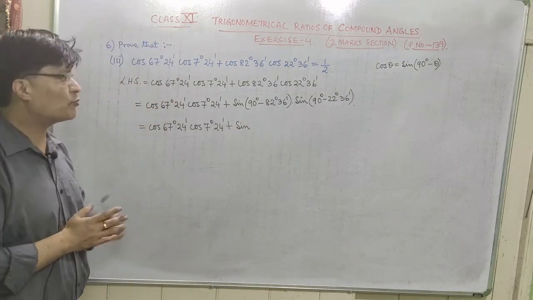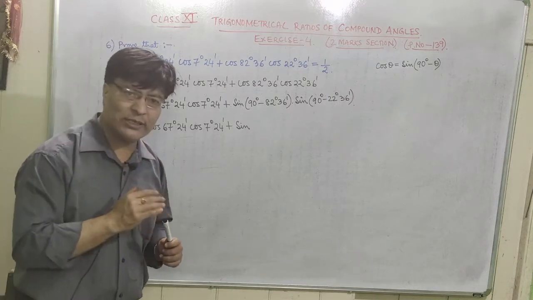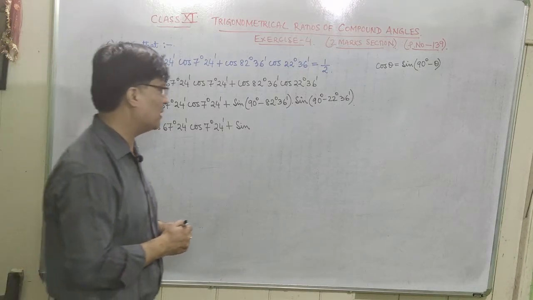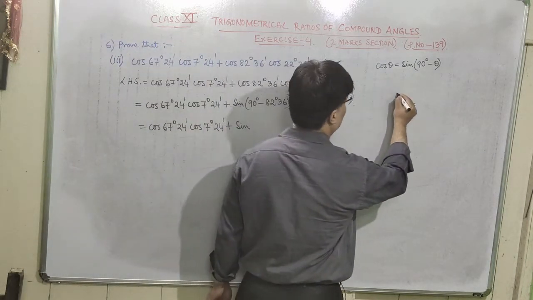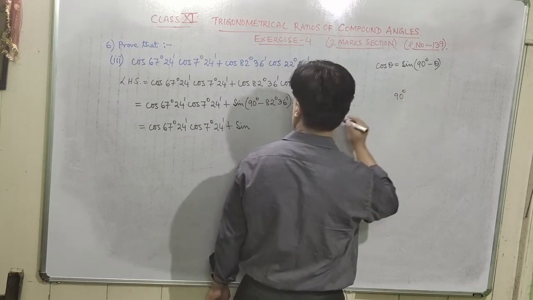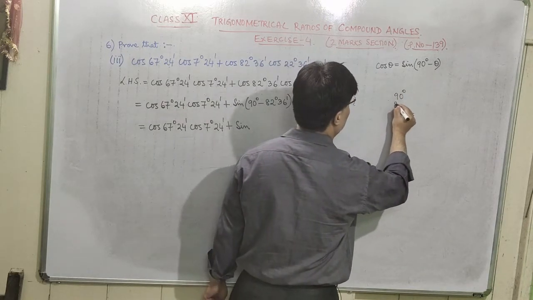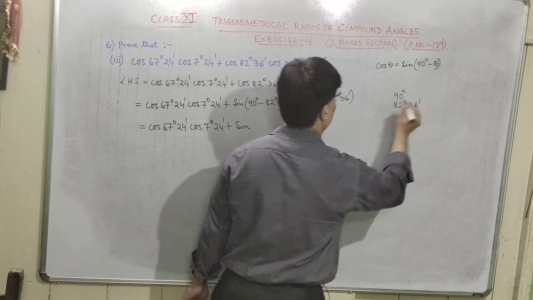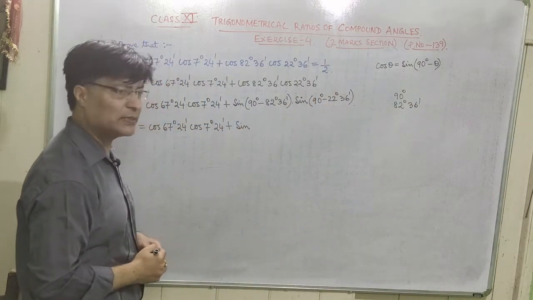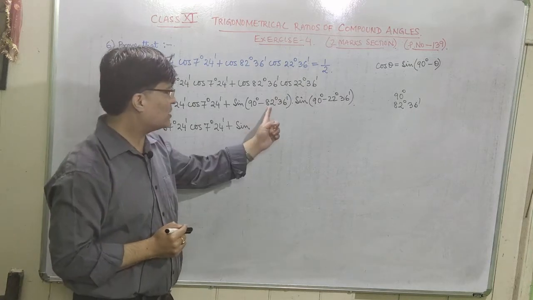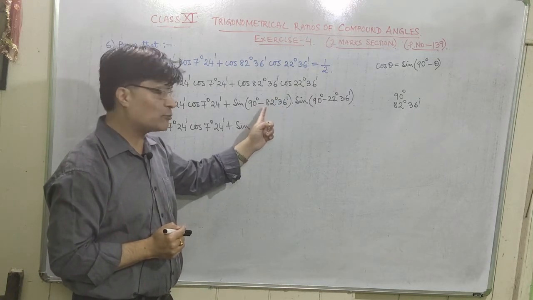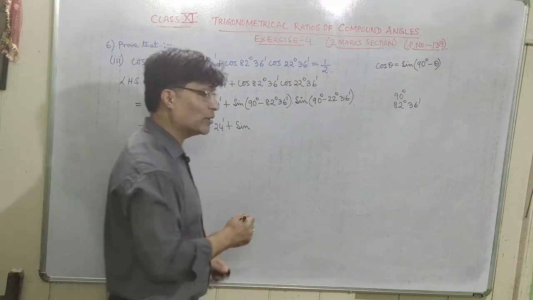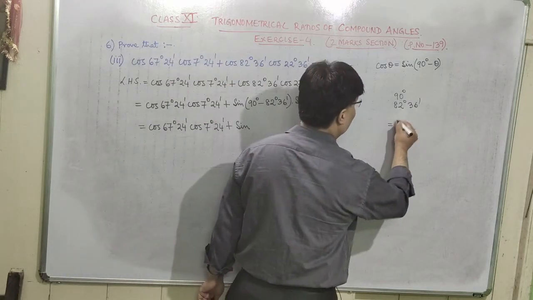So how can you subtract this 82 degree 36 minutes from 90 degree? So let us write here, this is 90 degree and you have to subtract 82 degree 36 minutes from this 90 degree, right? Okay, so you cannot subtract it directly.